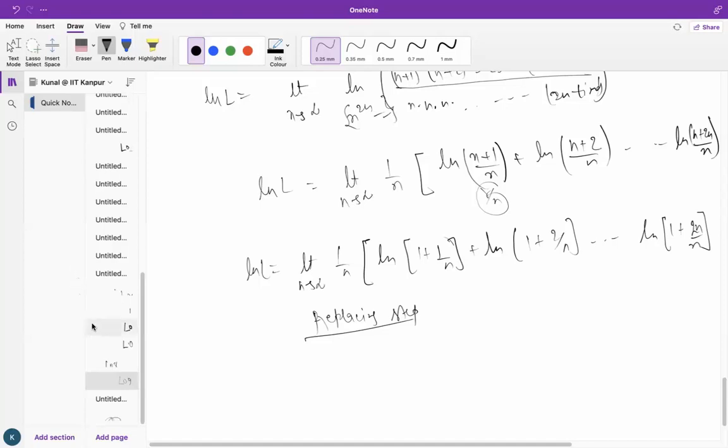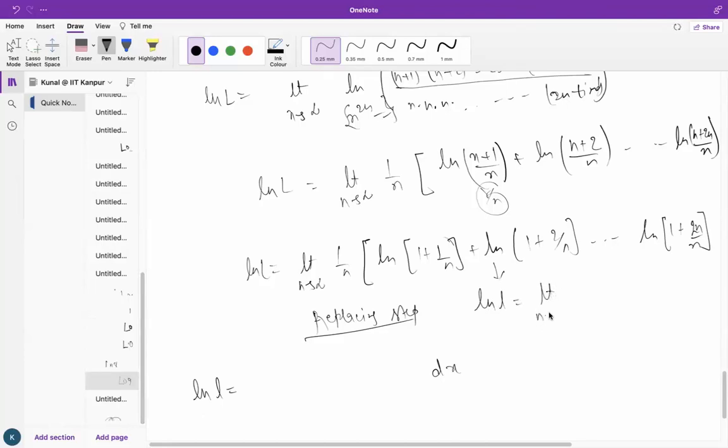So let's do that. So the replacing step will look something like this. Let me write it here. So we are doing ln of L is equal to 1 by n to dx, and first you can write this into this term, then you have to replace.